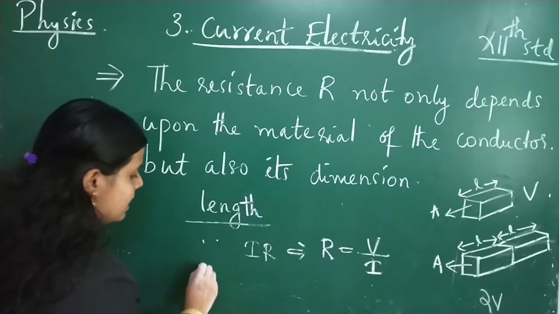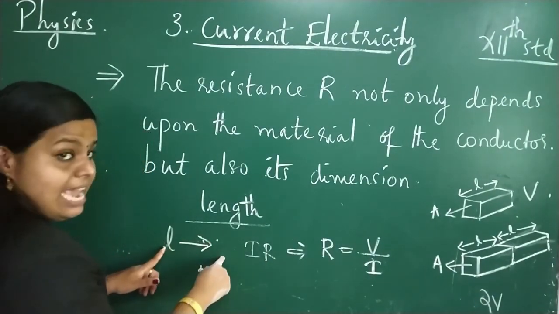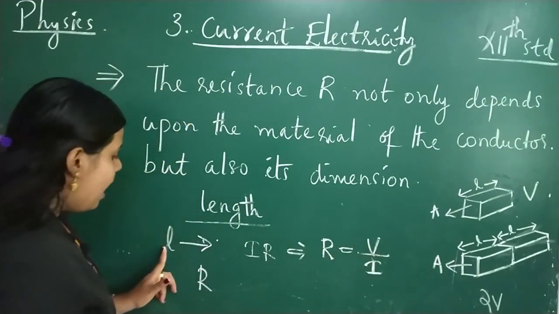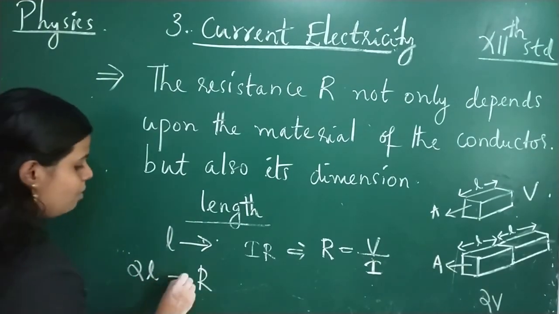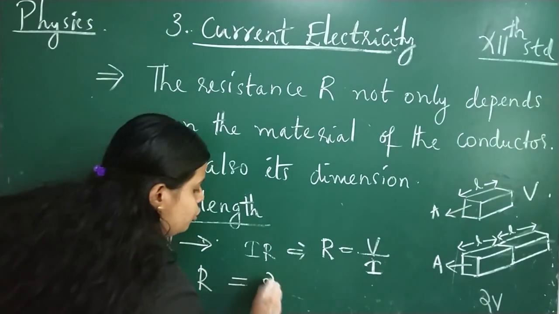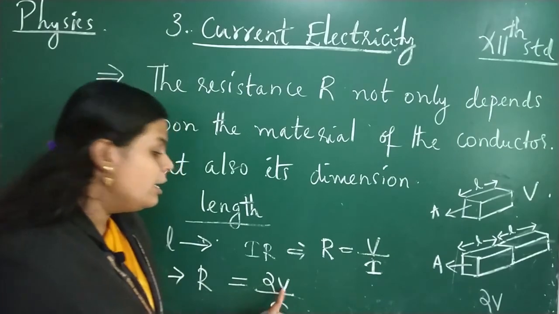So in this case, the resistance: the first one is for length L. Okay, in that case resistance is equal to V divided by I. Then when the length is 2L, what about the resistance? Yes, resistance R is equal to 2V divided by I. V has become 2V.